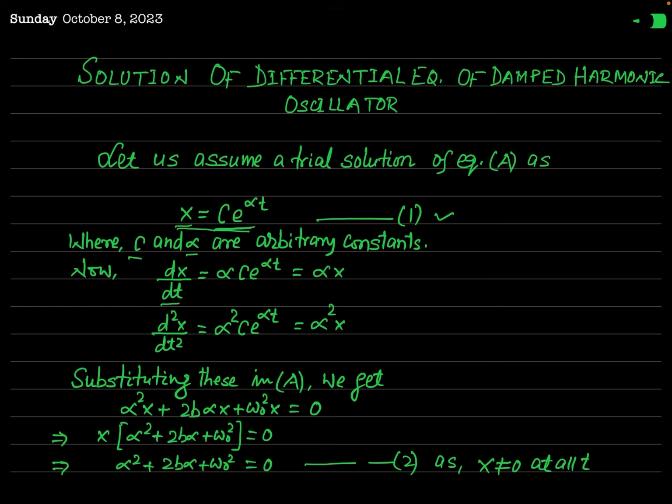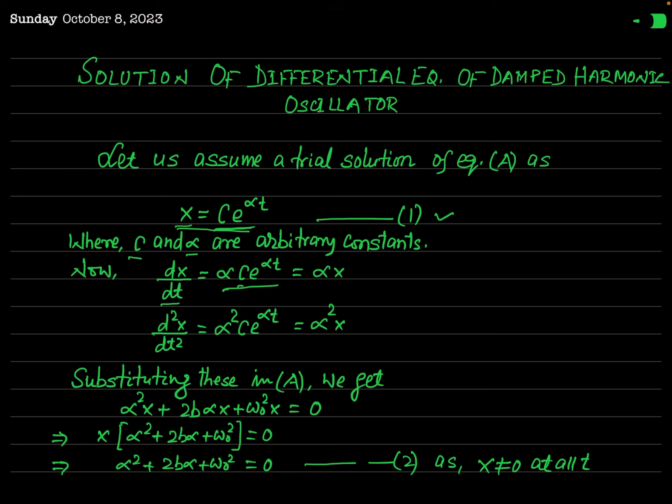You know c is a constant, so it will remain as it is, and the derivative of e to the power alpha t with respect to t will be alpha times e to the power alpha t. So dx by dt is finally alpha times c e to the power alpha t.